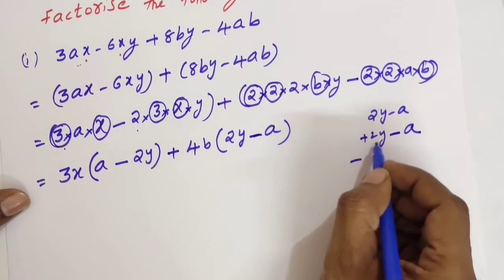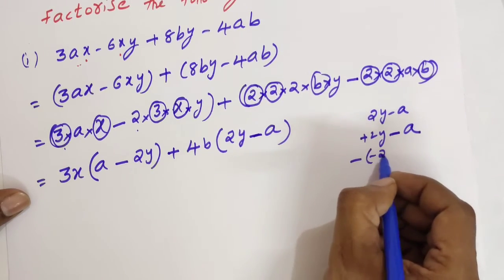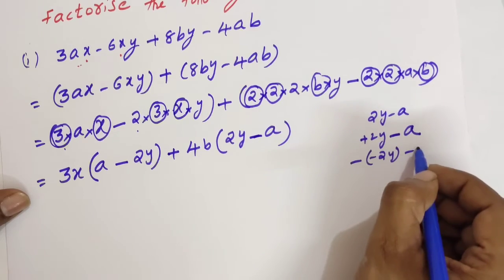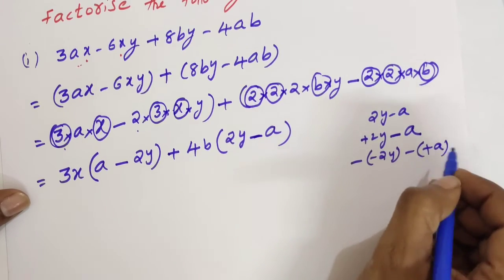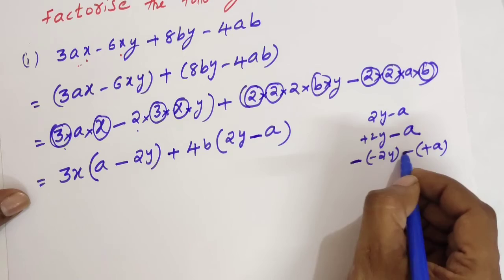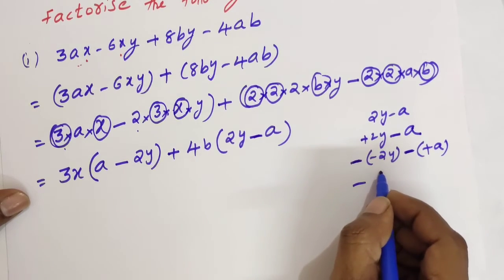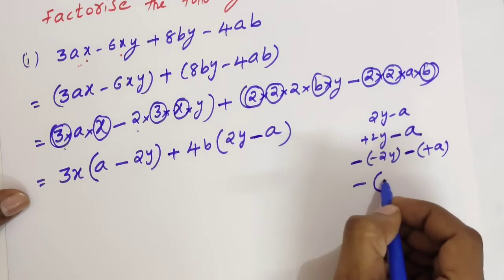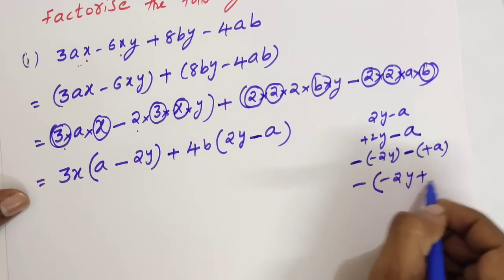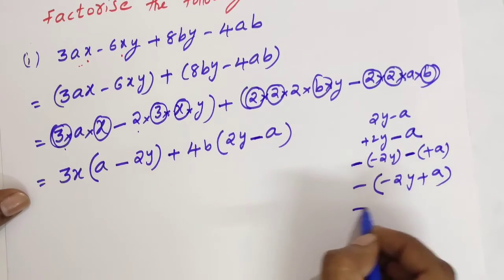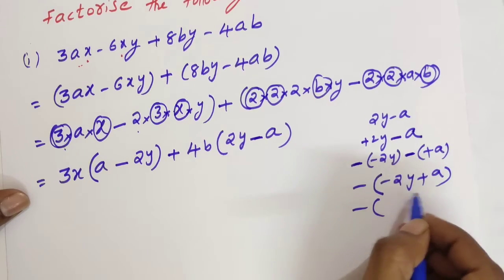So this plus 2y can be written as minus of minus 2y, this minus a can be written as minus of plus a, that is you can take common minus from these two. So by taking minus common we can write it as minus of 2y plus a.